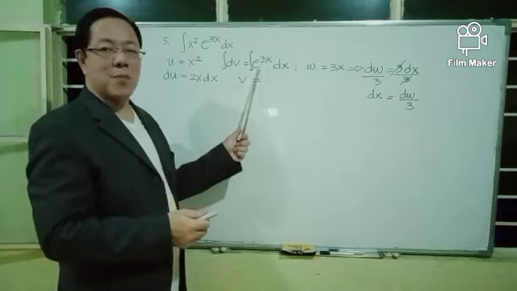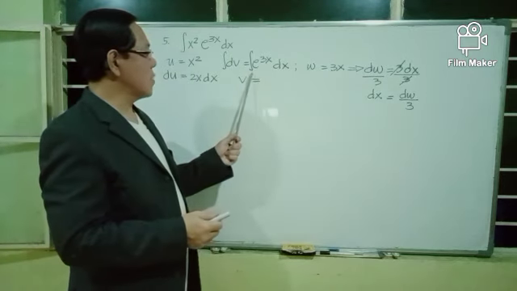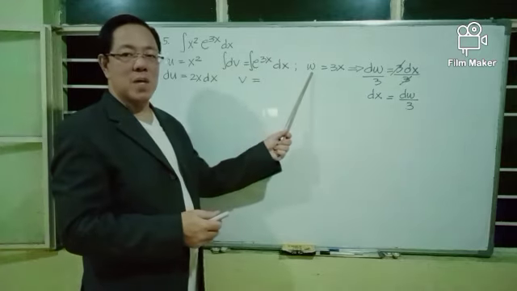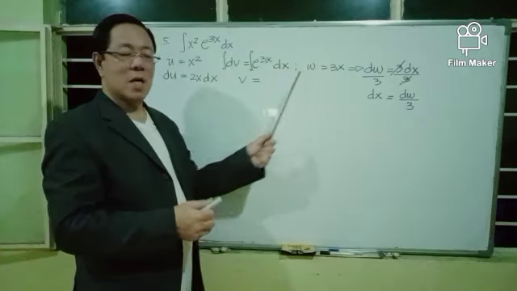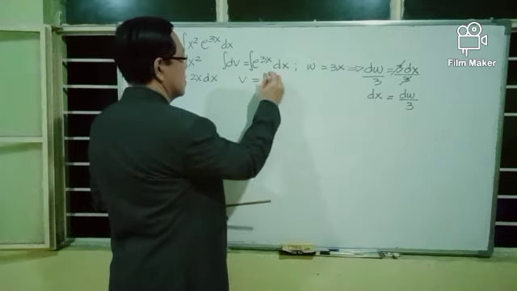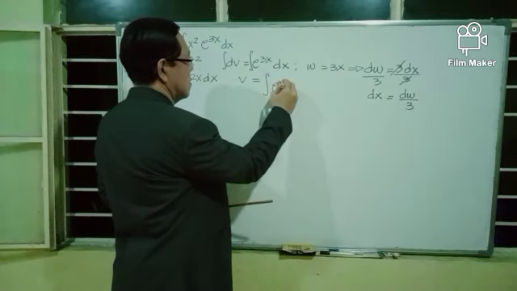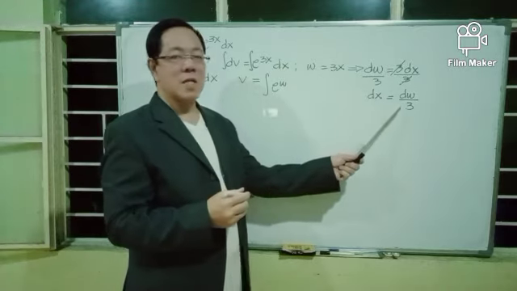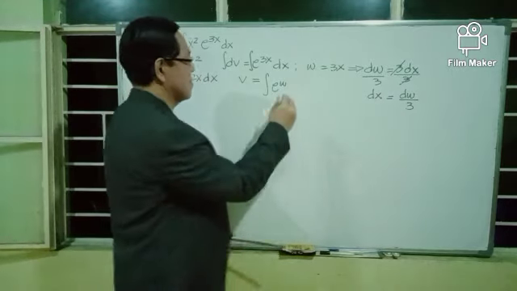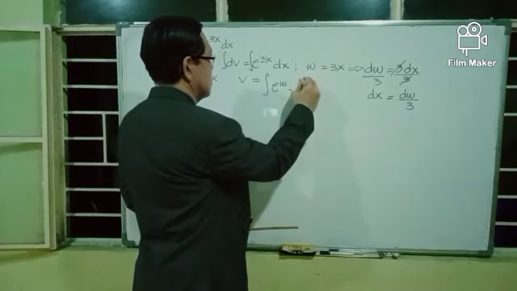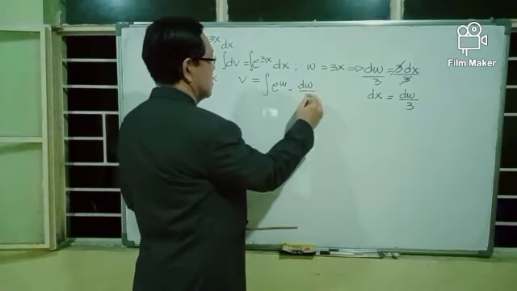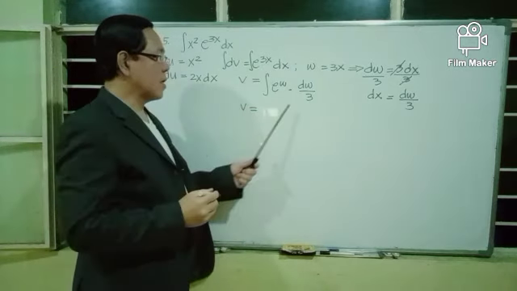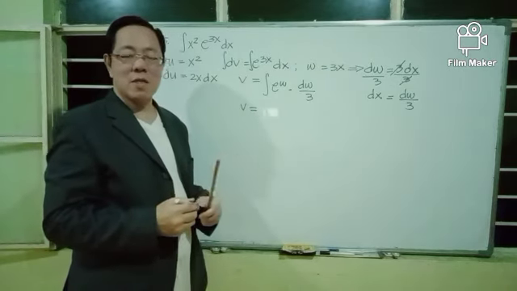Hence, the integral of e to the 3x dx is equal to the integral of e raised to w, where 3x equals w, multiplied by dx, and dx is dw over 3. Now, 1 over 3 is a constant.